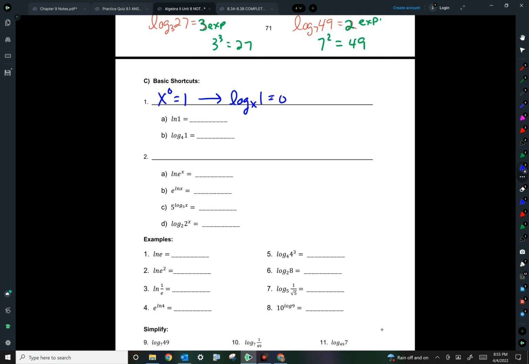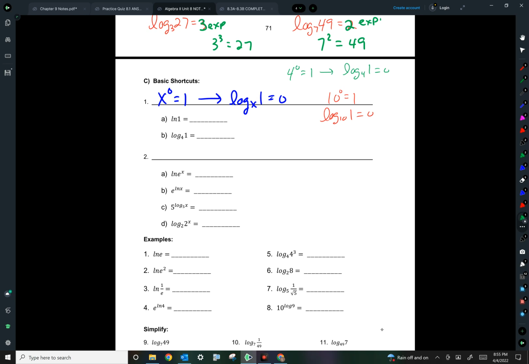In other words, is 10 to the 0 still equal to 1? Of course it is. And if I change that to a logarithm, wouldn't I be saying log base 10 of the answer equals 0? Well, what if, instead of a base of 10, I used a base of 4? Is 4 to the 0 still equal to 1? And if I wrote that as a logarithm, wouldn't I say log base 4 of 1 equals 0? So in general, the log of 1, no matter what the base, equals 0.